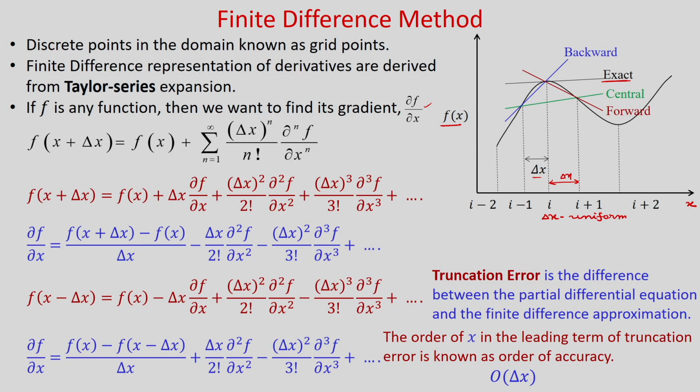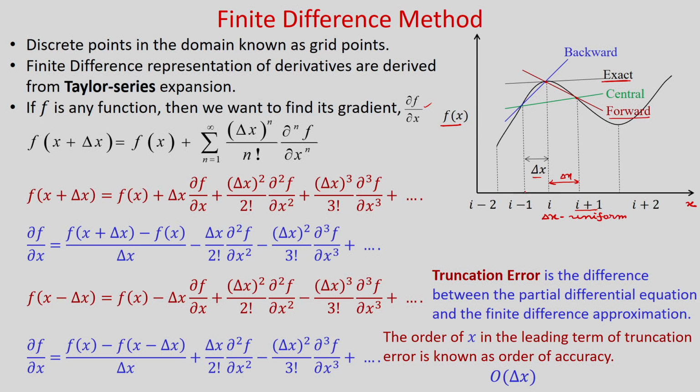Now, if you use 2 points to find its derivative, let us say we are using one forward point, that is i plus 1, and at point i we want to find the derivative. We are using this point and this point, and as we are using a forward point, it is a forward difference. If you join this line, you will get a forward difference approximation.